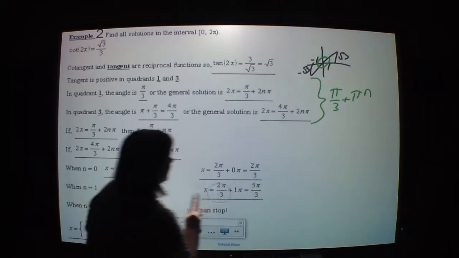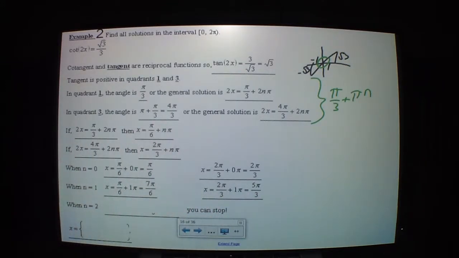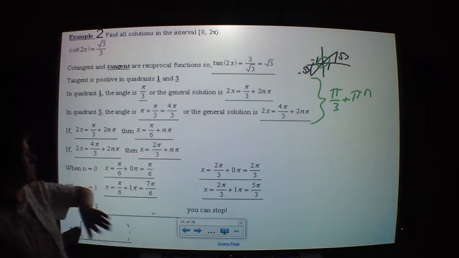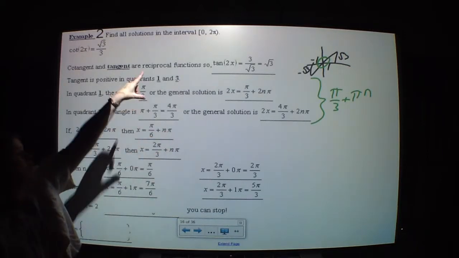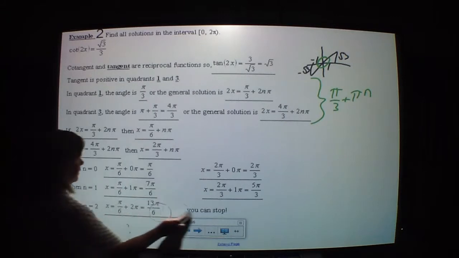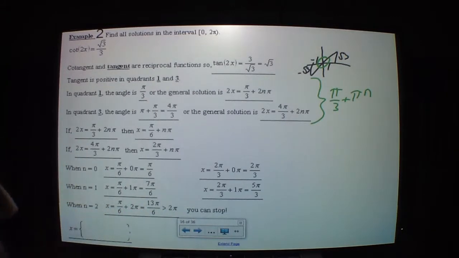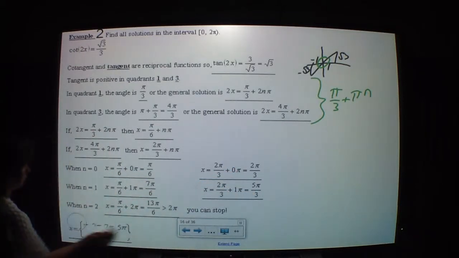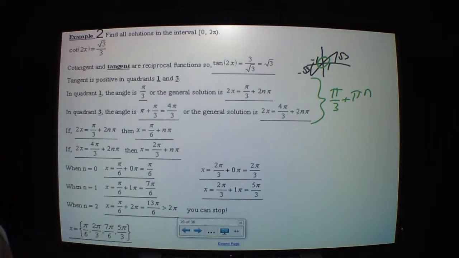So you end up with 5 pi/3. If n were equal to 2, I'd be adding 2 pi. Stop, because it puts you over 2 pi. So you stop, 1, 2, 3, 4 answers, and write them down. So there are your 4 answers.